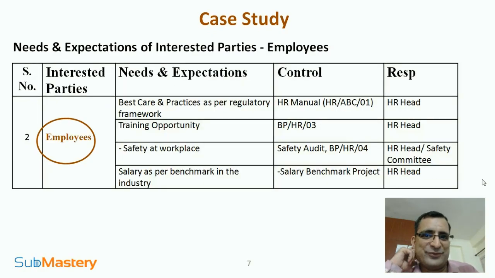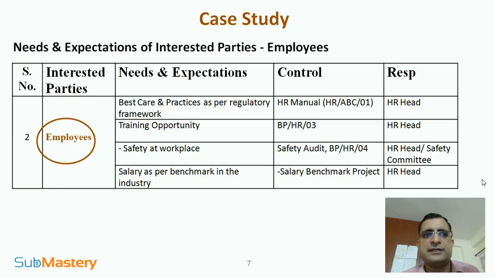Let's see the example of employees. But by the way, how you can identify these needs and expectations is a very popular question asked by IATF auditors. There could be various ways, like past experience, but I believe it is always better to do some survey.